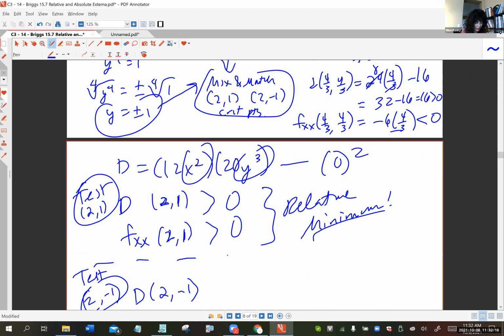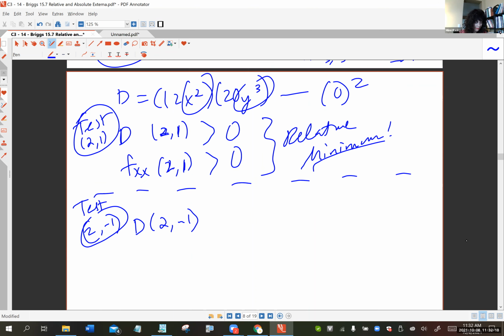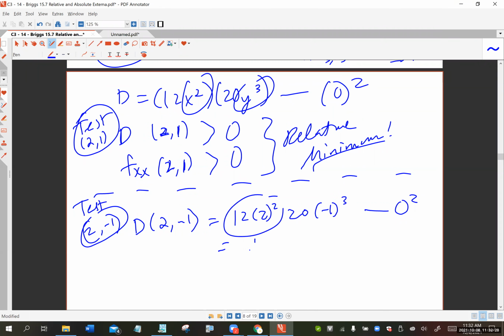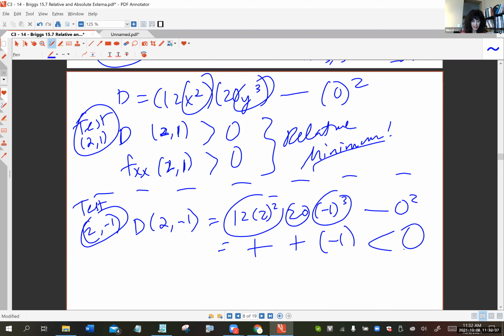Okay, and now let's test the other guy. When you plug in (2, -1), you're going to get a negative number. Why? This is positive, right? And 20 is positive, but -1 cubed is negative. So positive times a positive times a negative is negative. So I don't even care what the number is. I don't even whip out my calculator and waste valuable time.